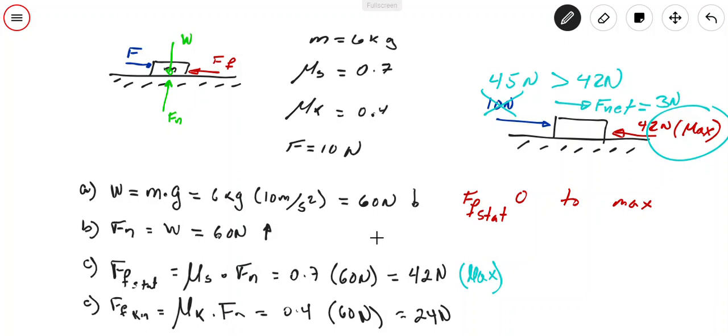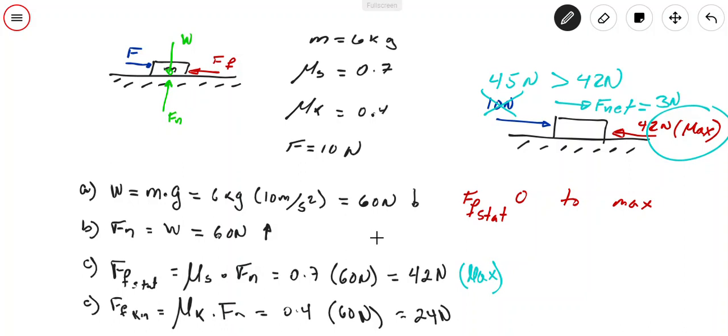So this is what we have to know about a block or an object that is sliding above a surface where we have a force of friction between the surface and the block. So it's not a frictionless problem.